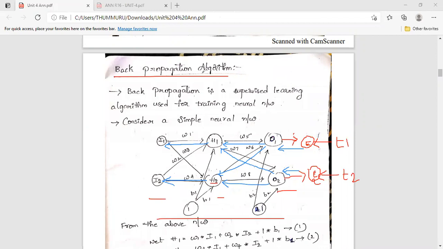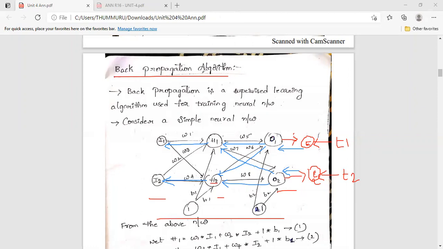Okay, backpropagation is a kind of supervised learning algorithm. It is used for training a neural network. It will train the total neural network. Okay, this is a simple few words about the back propagation algorithm.